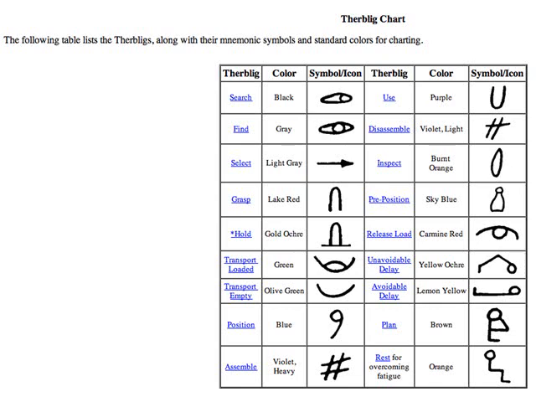First activity, search, is usually denoted by the color black, and this is the symbol for search. Find, the color is gray, this is the symbol. Select, grasp, hold. For each motion there is a unique color and a unique symbol. So we can denote the entire motion as small components like that.